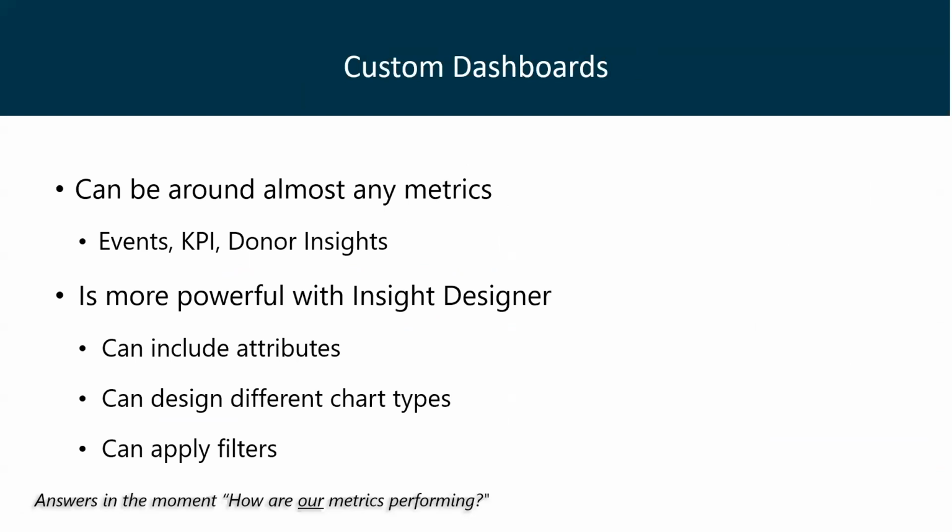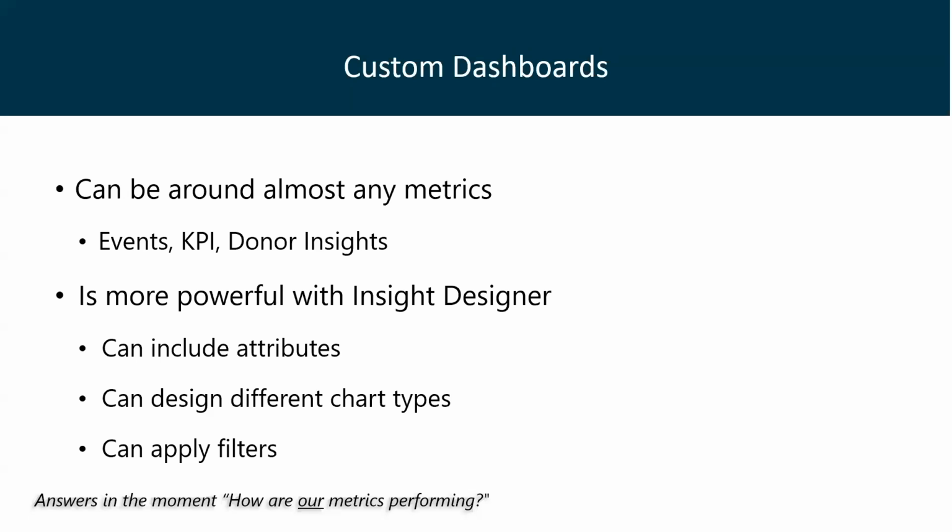All right, custom dashboards. These can be around any metrics, events, KPIs, donor insights, and it's definitely more powerful with the Insight Designer piece. You can build dashboards without it. The cost for that, I think, is around 2,400 a year.